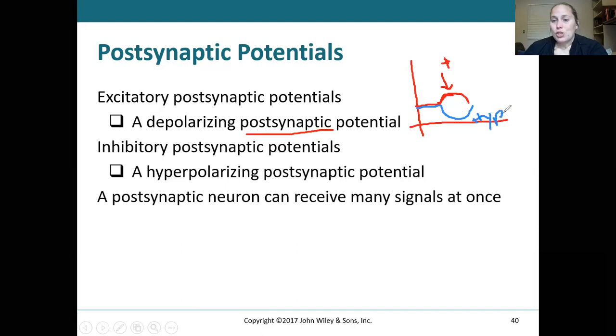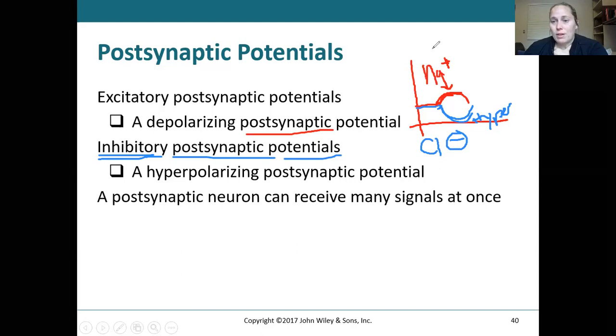Hyperpolarization happens in response to an inhibitory neurotransmitter, and that's called an inhibitory postsynaptic potential. Excitatory neurotransmitters cause depolarizations. Inhibitory neurotransmitters cause hyperpolarizations. That's because you have negative ions, most often chloride, and in the case of excitatory neurons, most often sodium coming into the cell.